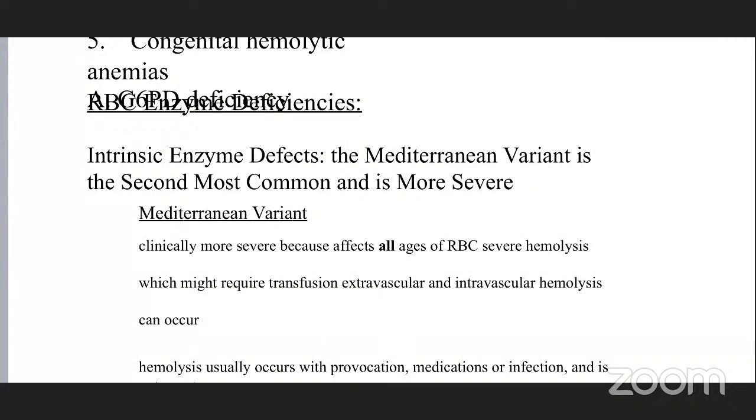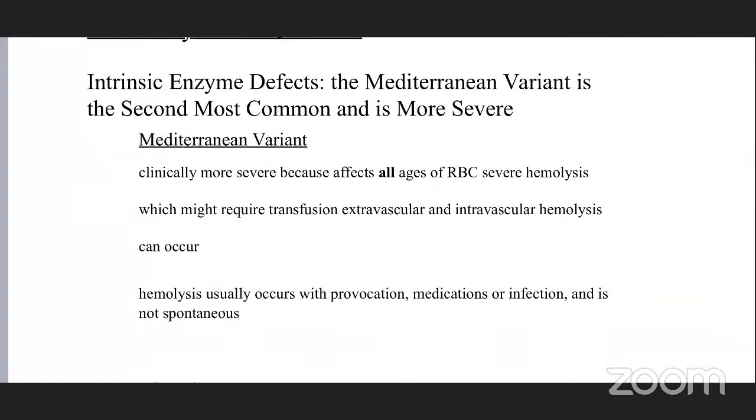Intrinsic enzyme defects: the Mediterranean variant is the second most common, and is more severe. The A variant is common in Africans, and the severe variant is common in the Mediterranean. It is clinically more severe because it affects all ages of the RBCs, causing severe hemolysis, not like the A variant, which affects old cells.